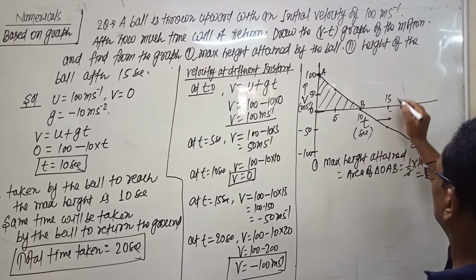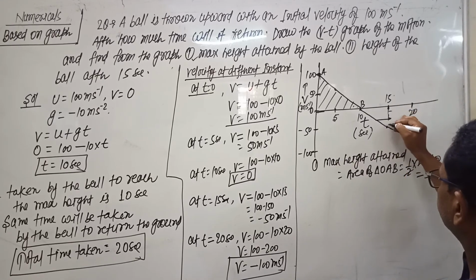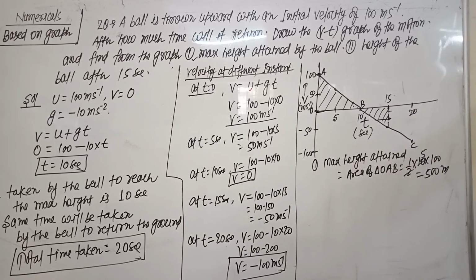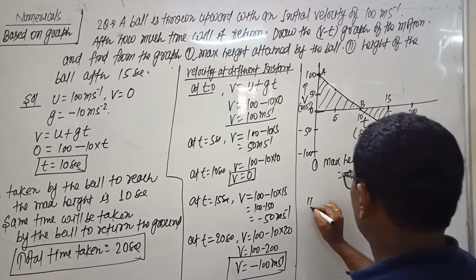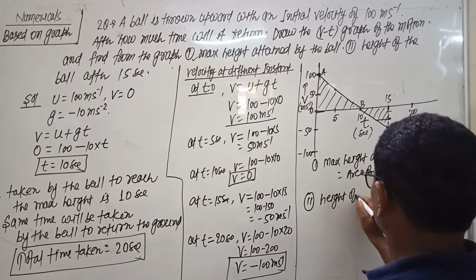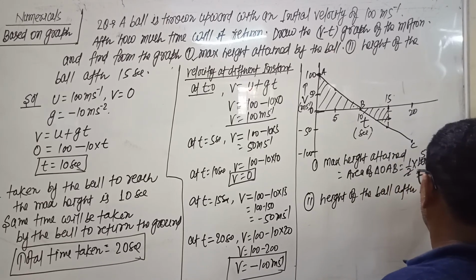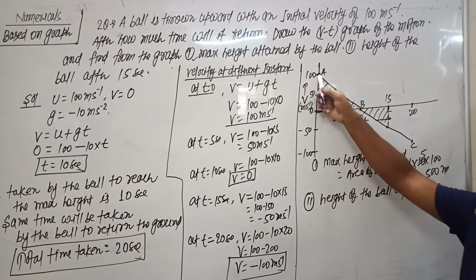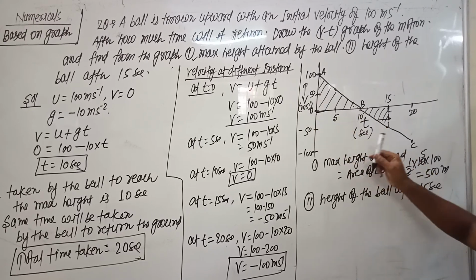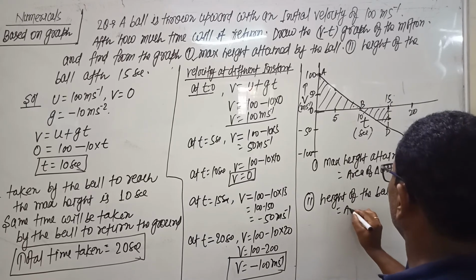Now we have to find the height of the ball after 15 seconds. The height of the ball after 15 seconds is found by finding the area of this complete region, area OAB plus area BCD.